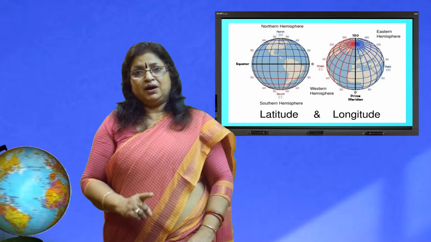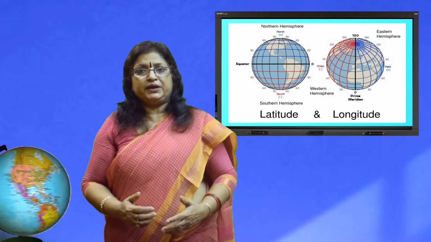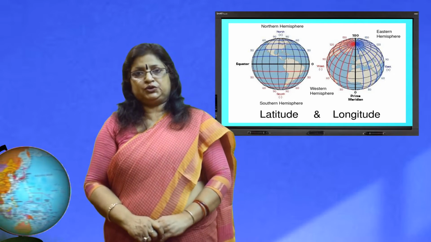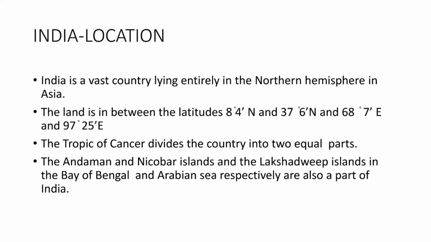The next landmark which helps us to locate our country India is its latitudinal and longitudinal extension. Our country extends between 8 degrees 4 minutes north and 37 degrees 6 minutes north latitude, and 68 degrees 7 minutes east and 97 degrees 25 minutes east longitude.